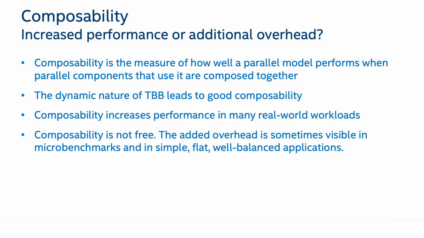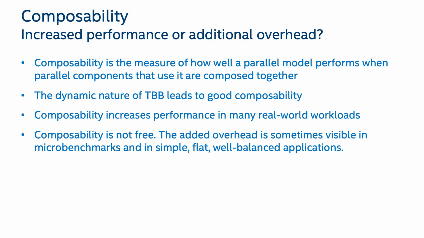So composability, I've mentioned a number of times. Composability is a measure of how well a parallel model performs when components that use it are composed together. An example is a TBB parallel algorithm that has another one nested inside of it. The dynamic nature of TBB that I showed on the previous slide is great for composability because there are no assumptions of how many threads are participating.